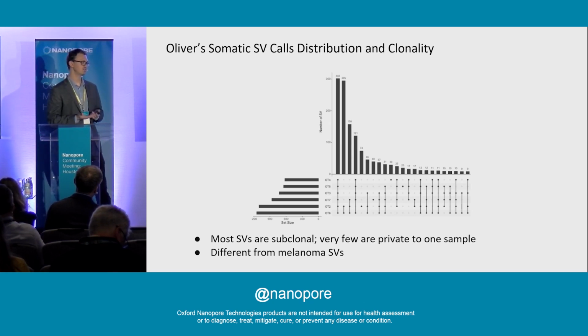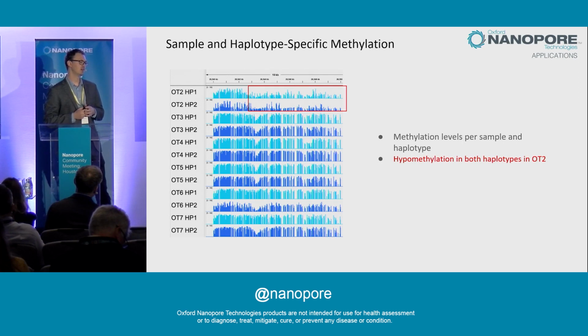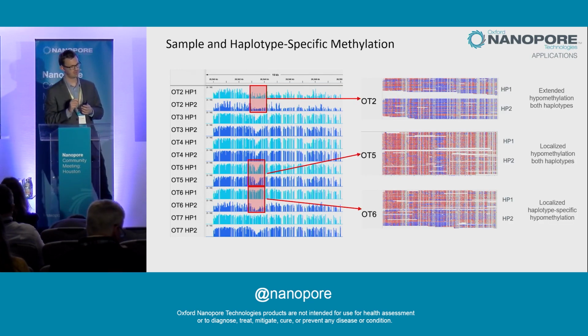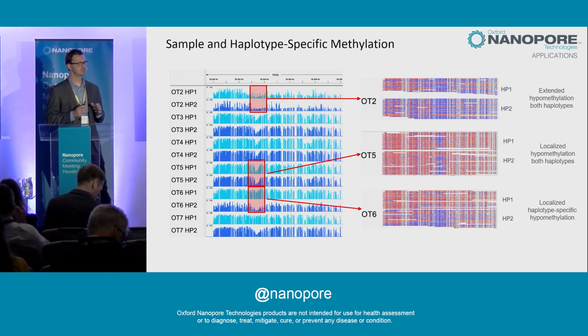Of course, we can look at methylation, and we can do it in a haplotype-specific way, which is nice. For example, if you look at one particular region in multiple tumor samples, you can see it may behave pretty differently. For example, this region in sample 2 has hypomethylation in both haplotypes.